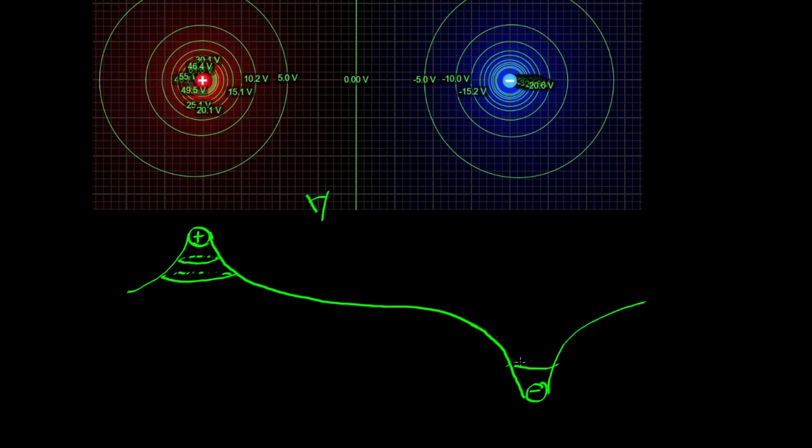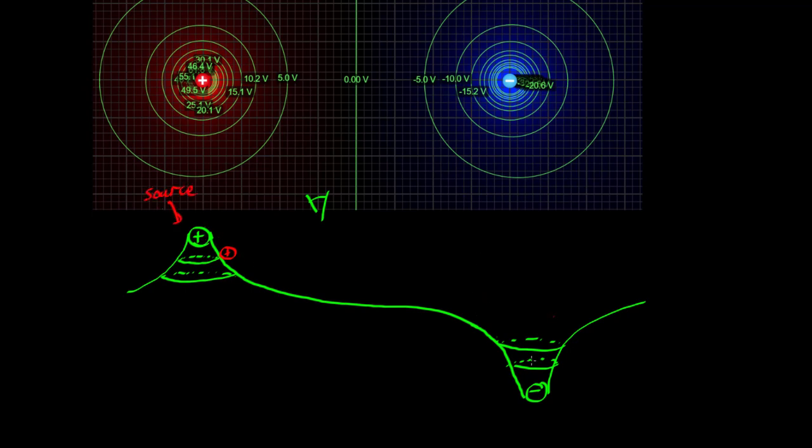Okay, so then we can think about what's going to happen to charges if we place them in this field. These represent, again, the potential, which can be thought of as sort of the strength of the field at that point. So if we were to put a positive test charge, remember these are source charges. So that's a source.